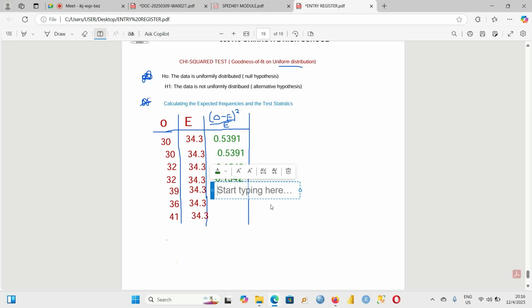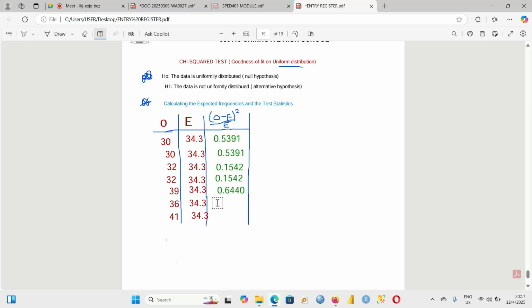39 minus 34.3, I square it, then I divide by 34.3. I'm getting 0.6440 to 4 decimal places.